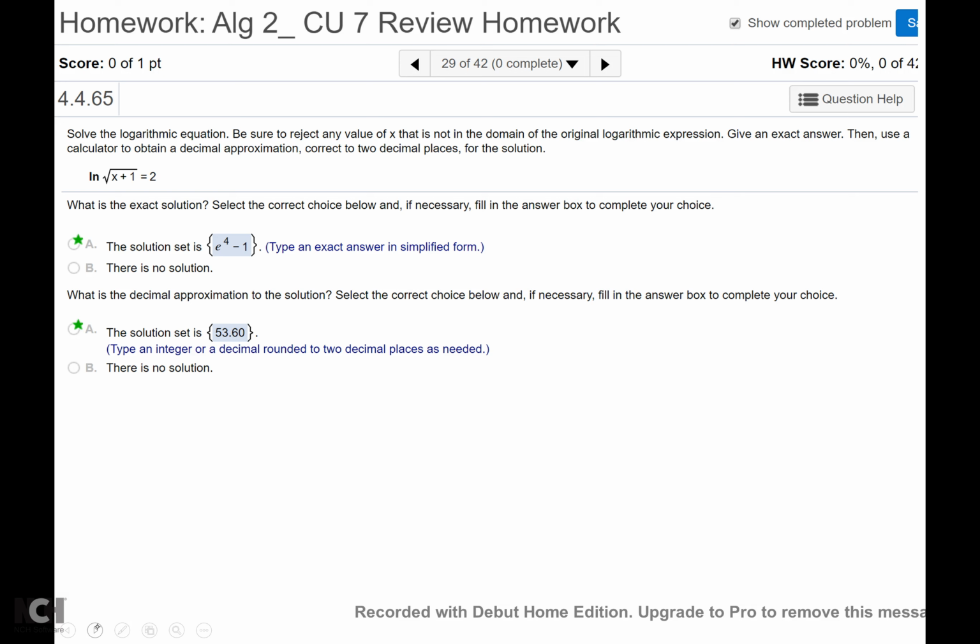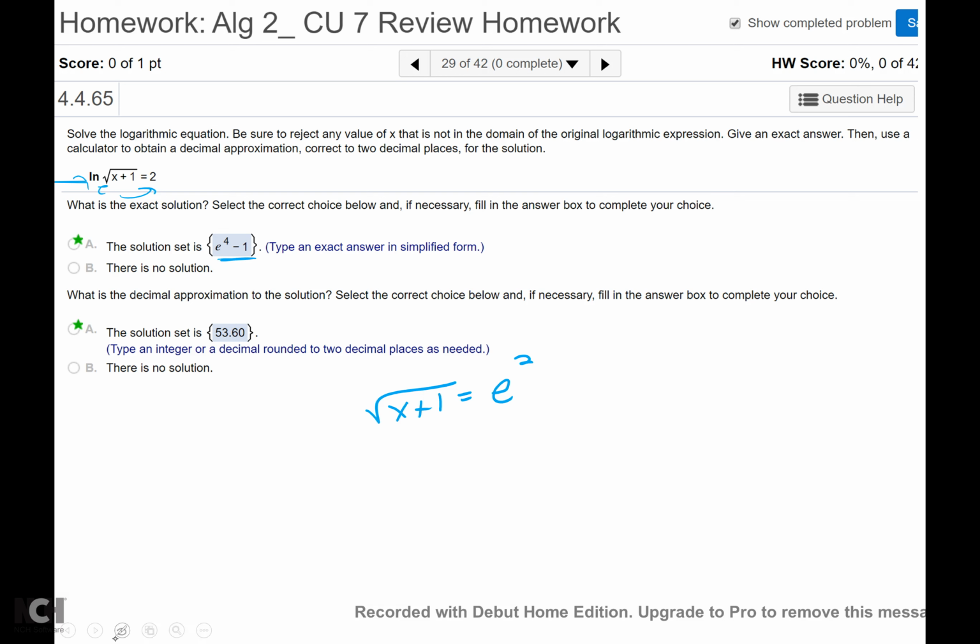Solve this logarithmic equation. Alright, so it's isolated, so I can roll it, which means the e moves over. So I have the square root of x plus 1 equals e to the second. Again, they want me to get my answer alone using e and not using a decimal.